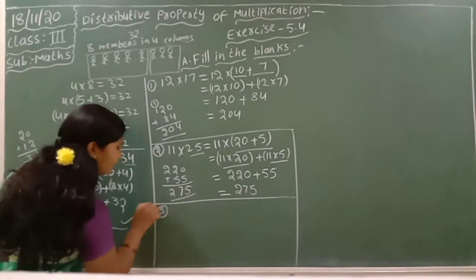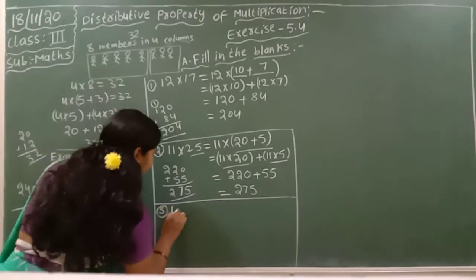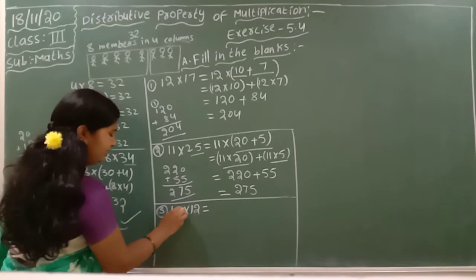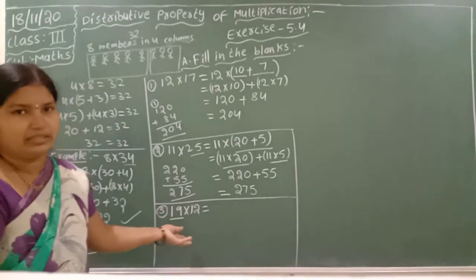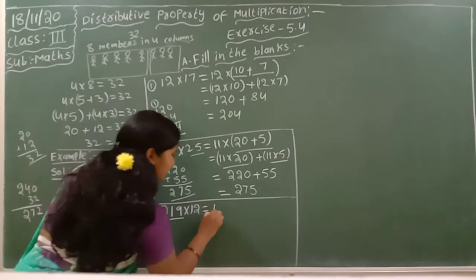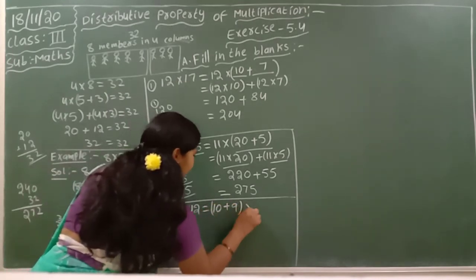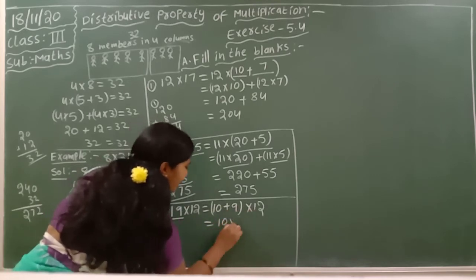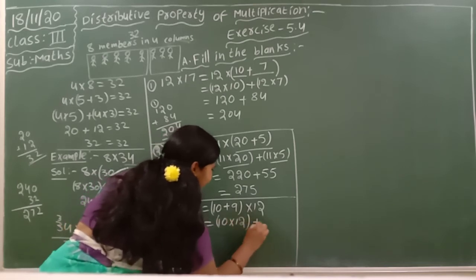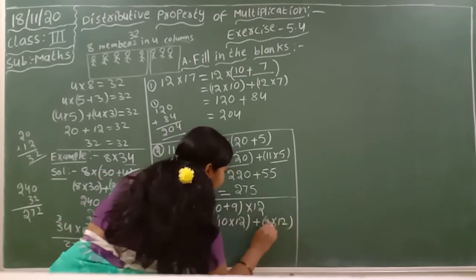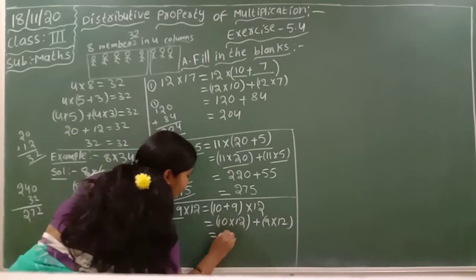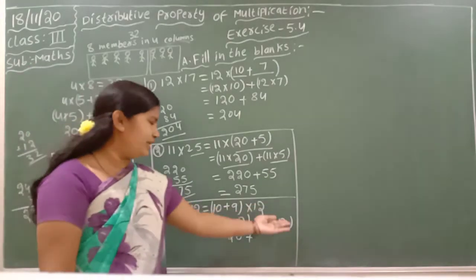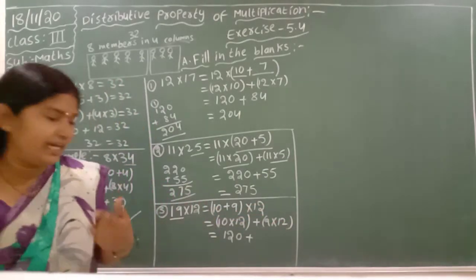And here, third one, 19 into 12. Here they separated it; you have to divide this 19. 1 is in the tens place, so 10 plus 9 into 12. 10 into 12 plus 9 into 12. 12 tens are 120, plus 12 nines, that is 9 12s. 12 nines are 108.